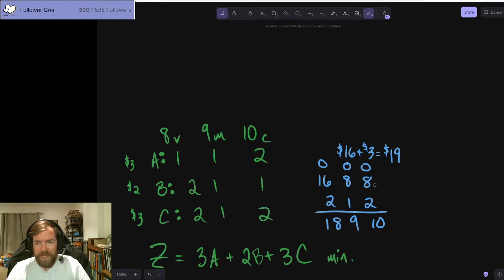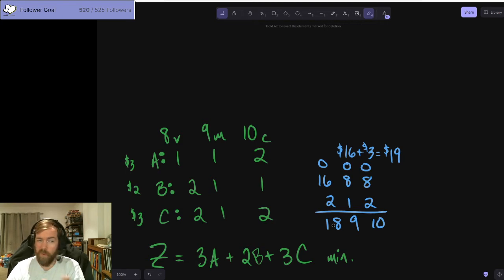Right, 16, 8, and 8 for B, and 2, 1, 2 for C, which, again, get us our column values of 18 vitamins, 9 minerals, and 10 calories, again, in whatever nonsense units we're using.